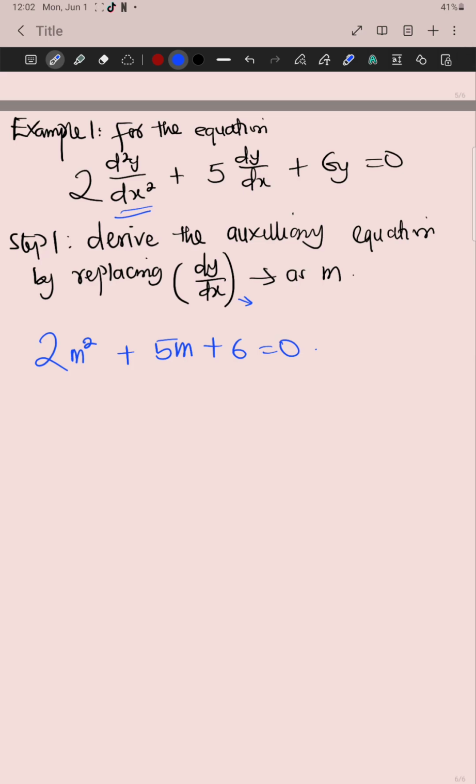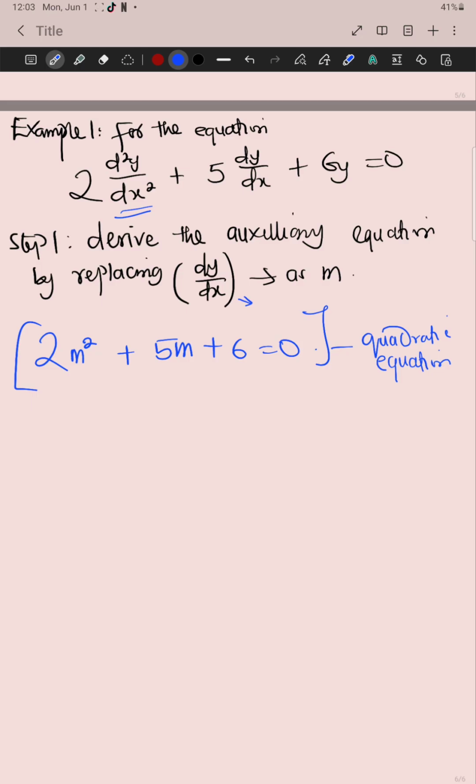Now, since the auxiliary equation is a quadratic equation, this is a quadratic. True or false? This is a quadratic equation. So the value of m can be determined by using factorization, right? Do you understand me now?